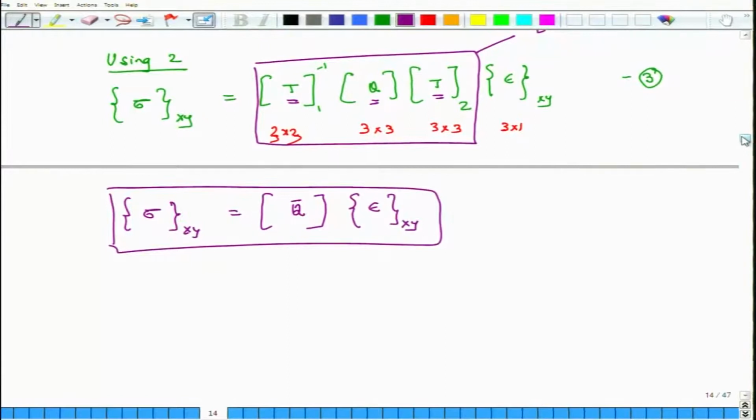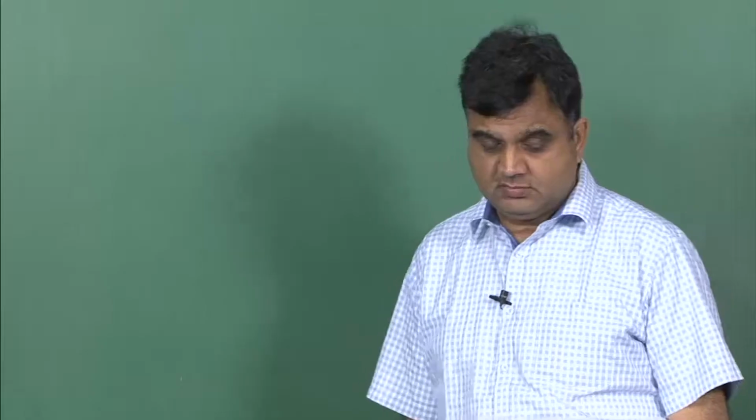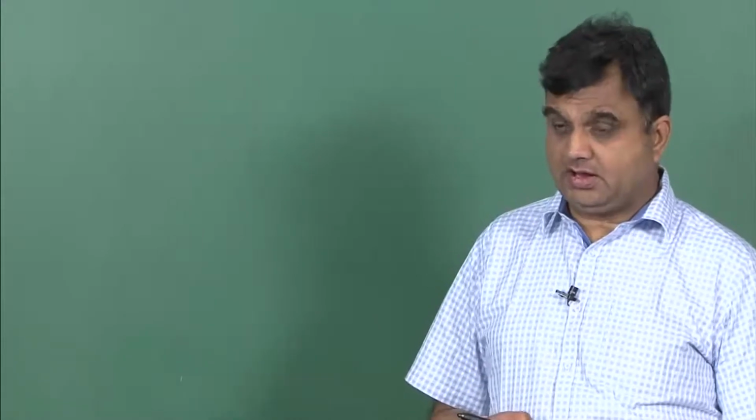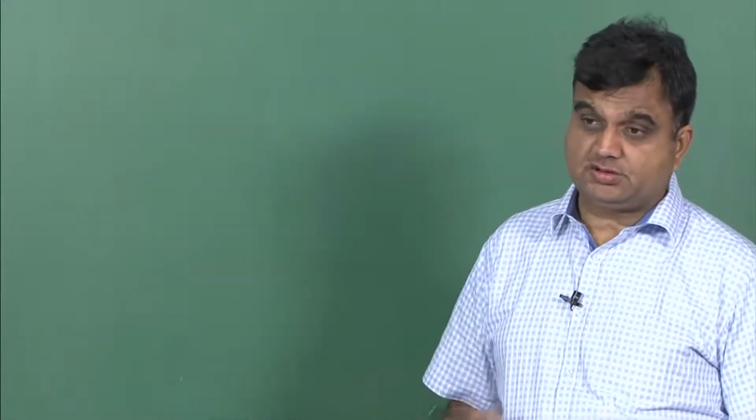And what is Q bar? To explicitly define Q bar matrix. So, Q bar and Q are not same. Q bar is for a generally orthotropic lamina, Q is for a especially orthotropic lamina, but both are in state of plane stress.